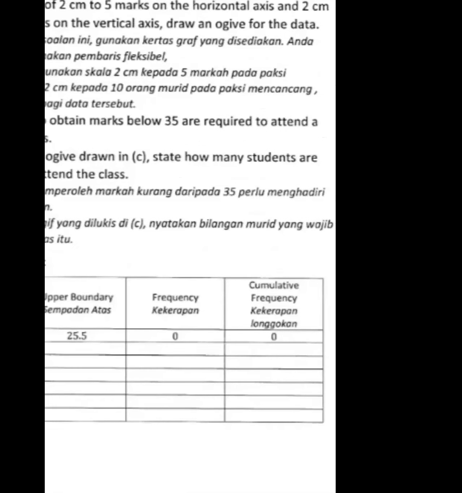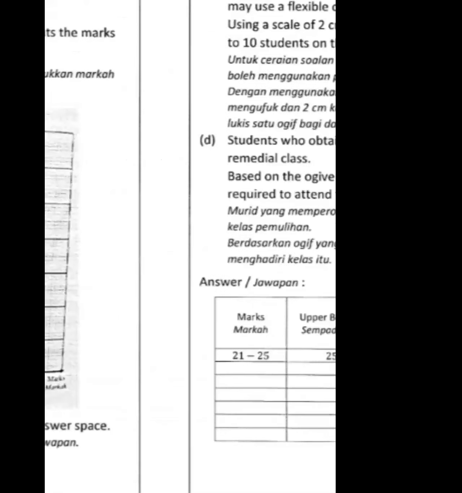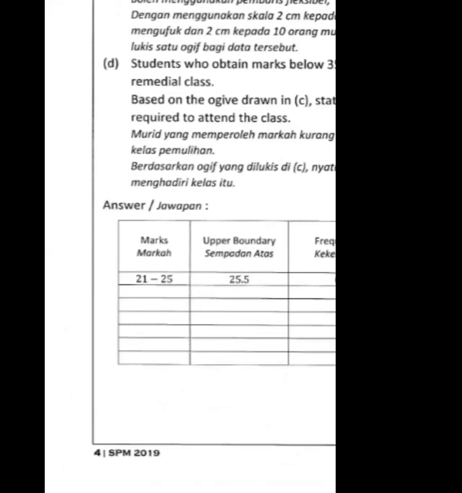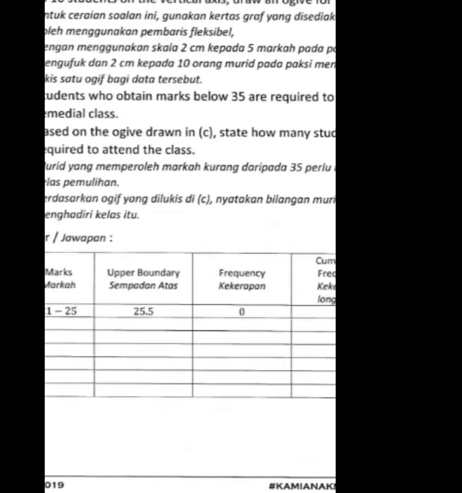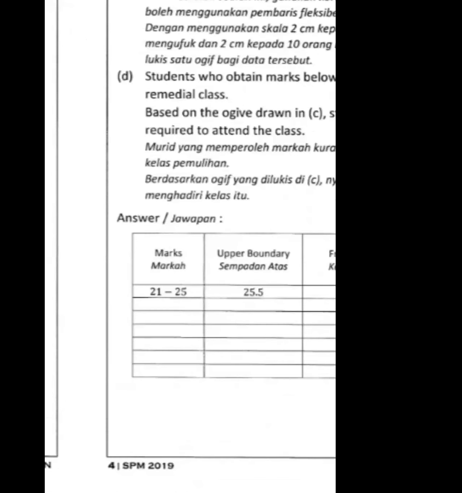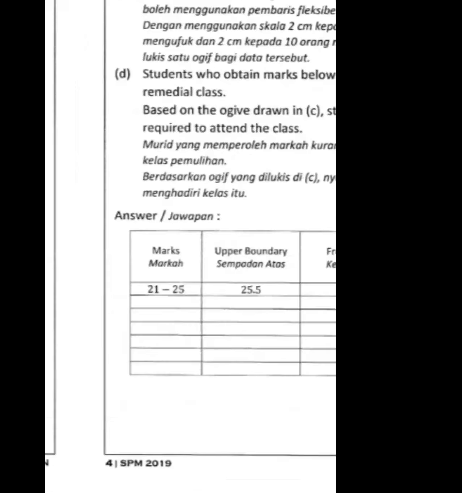And for the frequency also, just look at the graph. They already give you at the x-axis the first one is 23. So how do you find the frequency? They already give you 0, because the midpoint of the class interval for the first column is 23.